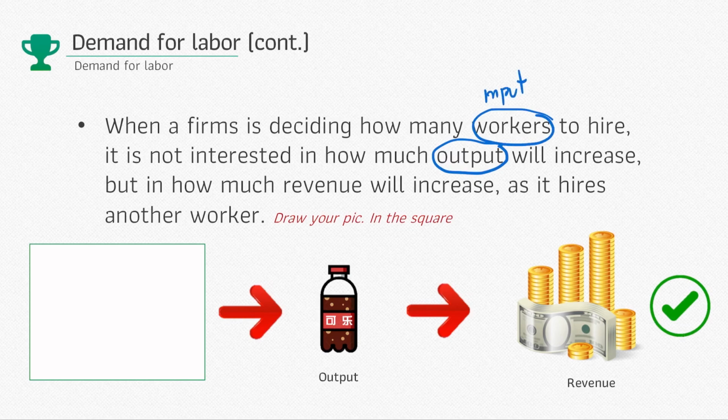They are related. How many workers they hire depends on how much output they increase or decrease. If output increases, then their revenue increases. Therefore, they need to hire more and more labor.